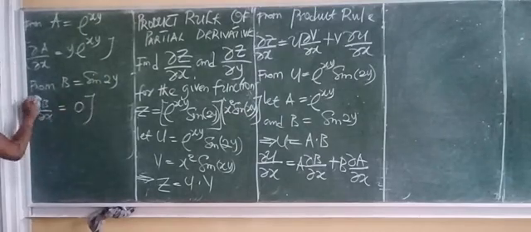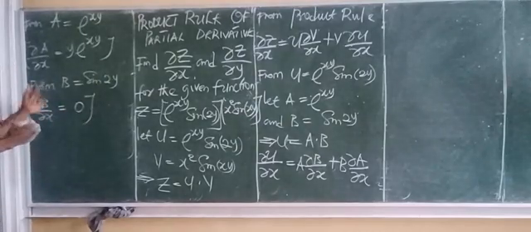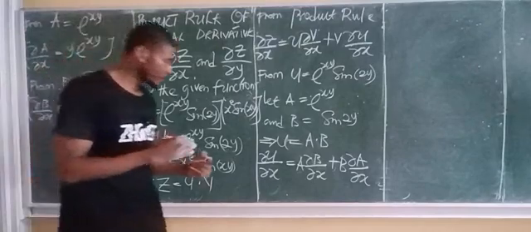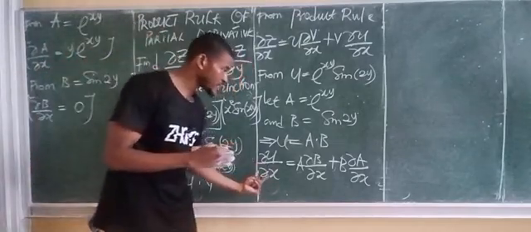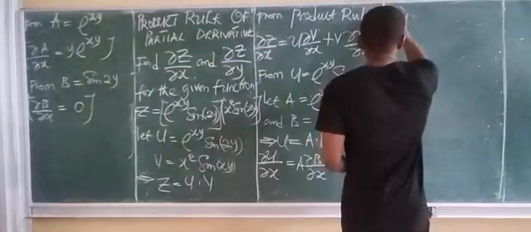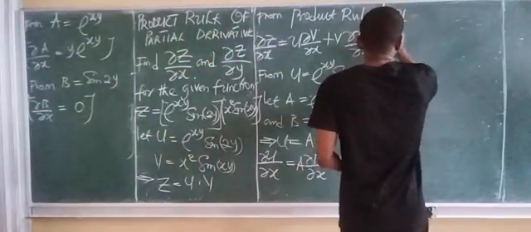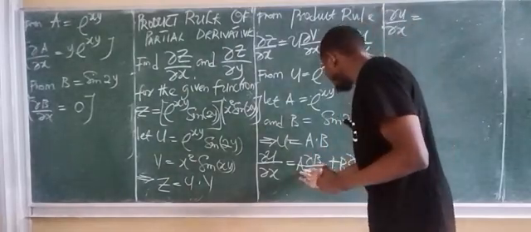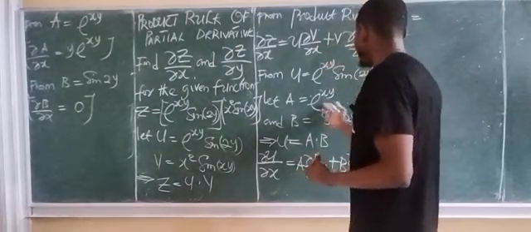So we have this. If we know partial a, partial x to be this, and we know partial b, partial x to be this, then we can now find the partial derivative of u with respect to x by simply employing what? The product rule. So if we do that, we have that partial u, partial x is now equal to, so we said keep a constant, and a is simply exponential xy.